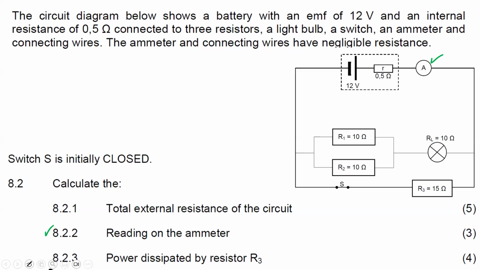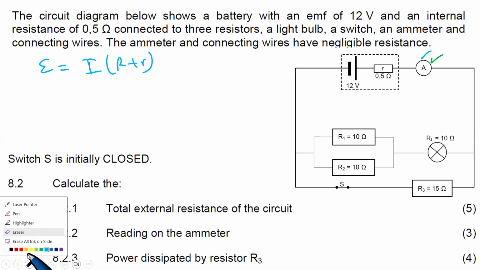Okay, now we want the reading on the ammeter. Okay, let us do the reading on the ammeter. The ammeter is sitting there. EMF is I(R plus r). Right, and we actually want to find the current, so we can use the following.